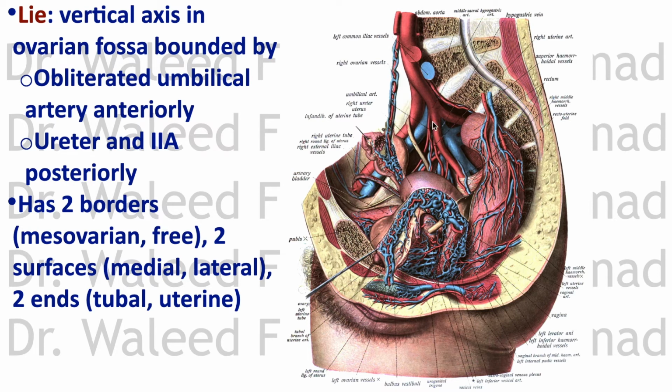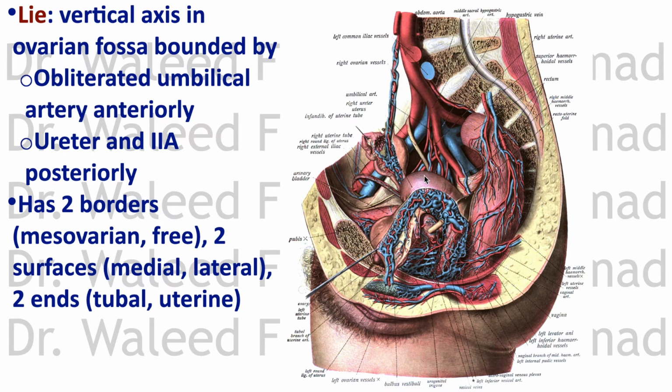And as you can see here, the internal iliac gives the obliterated umbilical artery that will become anterior to the ovary and ascends on the anterior abdominal wall towards the umbilicus. These are the boundaries of the ovarian fossa. Laterally, it's the lateral pelvic wall, and medially, it's the uterus with its tubes.